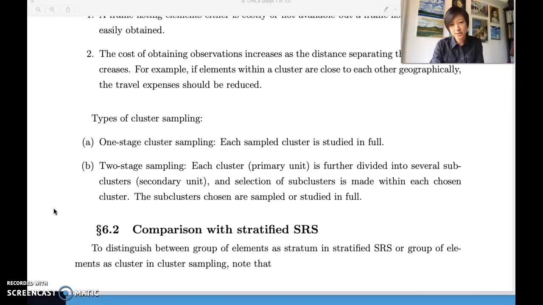We can do that using simple random sampling, or we can further stratify them, right? So two-stage sampling would be a combination of first cluster sampling, and then the second stage depends on using simple random sampling or systematic sampling to choose the second stage.